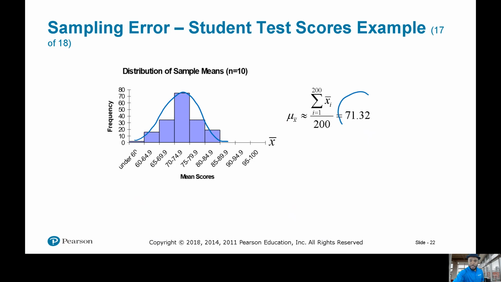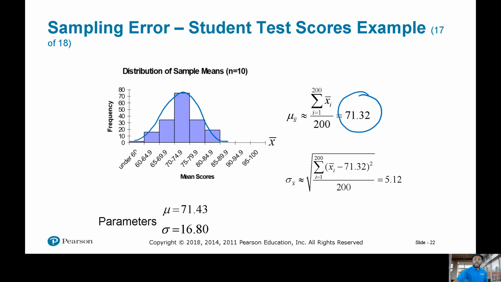But this time, the sampling distribution mean is much closer to the population mean as n increases. If you recall, when n was equal to 5, this was a little bit smaller. Now that n is equal to 10, this is much closer to the population mean.